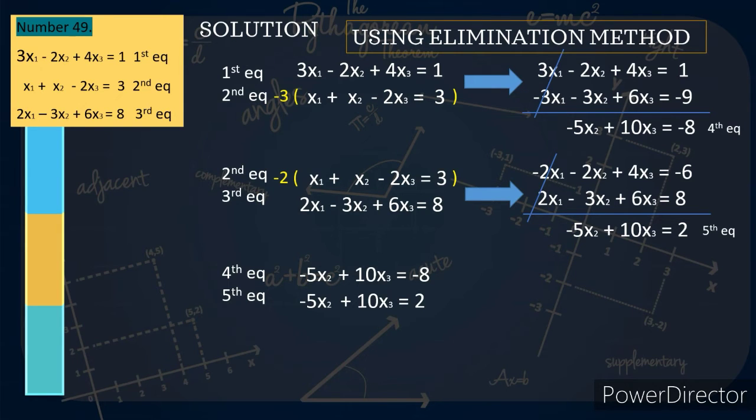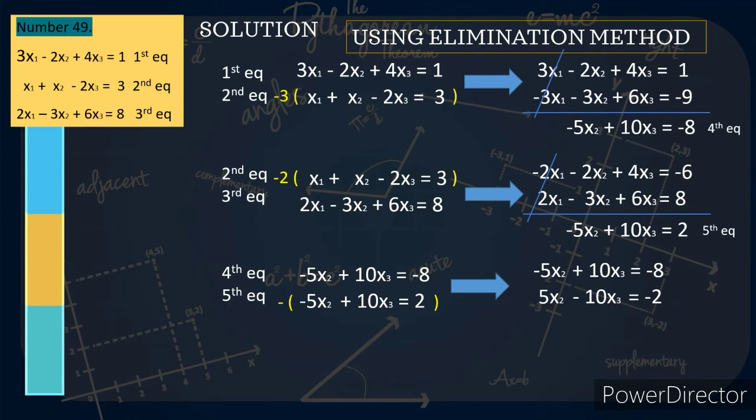As we can see, both equations have the same sign and coefficient on the left side. We have the negative 5 and the positive 10. To eliminate, we multiply negative 1 to any of the two equations. For this, I will be multiplying negative 1 in the fifth equation.